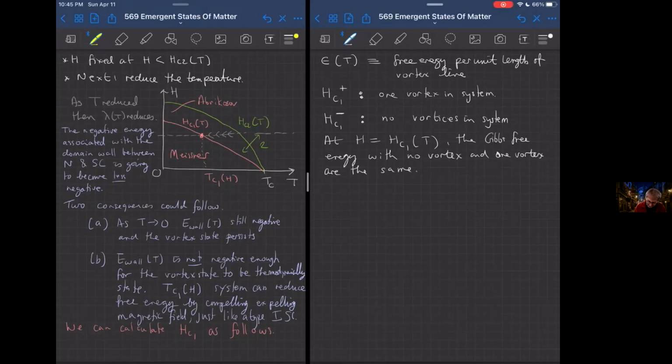So we can say that the Gibbs free energy of the superconducting state with no flux going through it is equal to the Gibbs free energy of the system with one vortex.